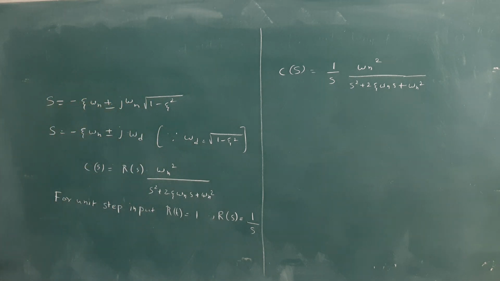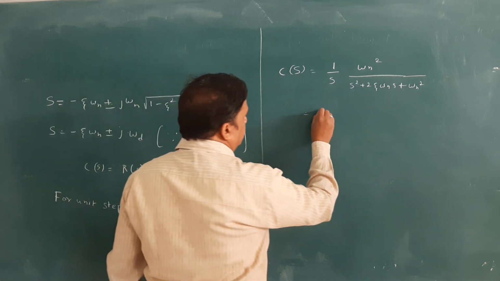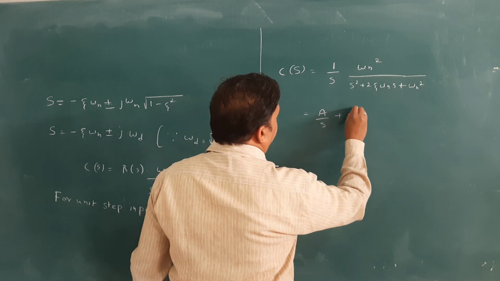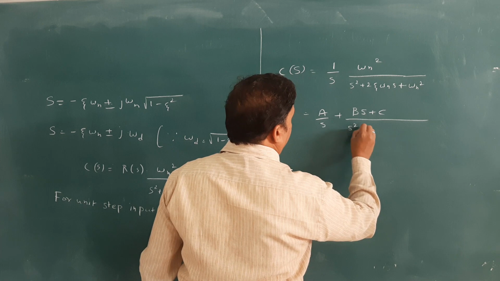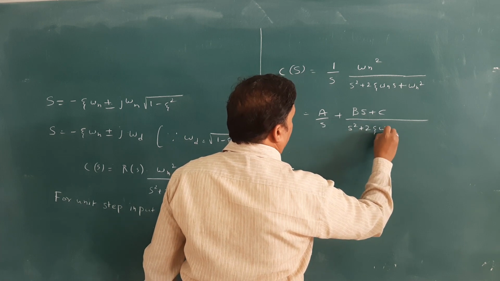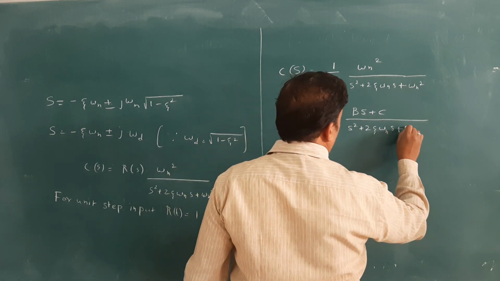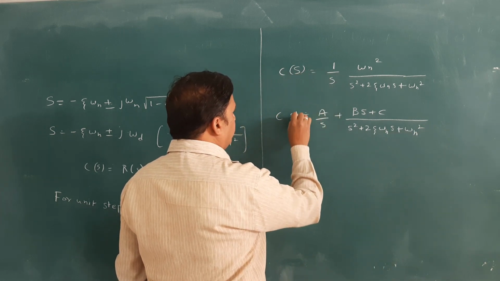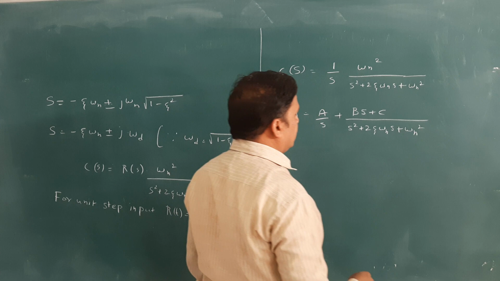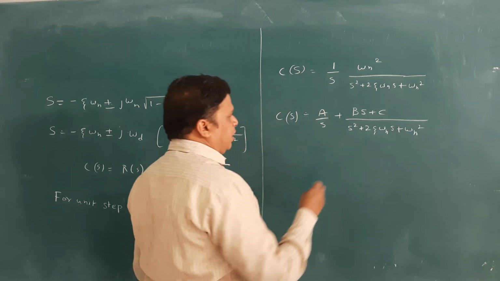So how can we write this? It can be written as A by s plus Bs plus C by s square plus 2 zeta omega n s plus omega n square. Now we have to solve this for partial fractions.